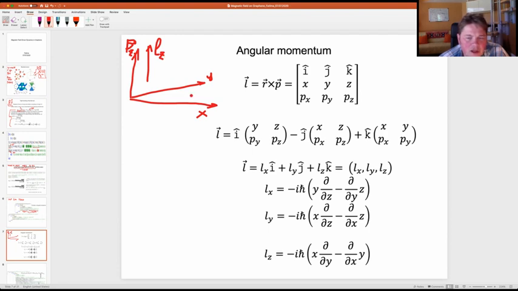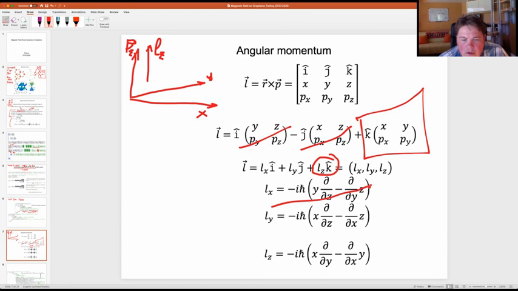Yes. And one needs only the z component of angular momentum. So this part will be used in the Hamiltonian, right? Mm-hmm.